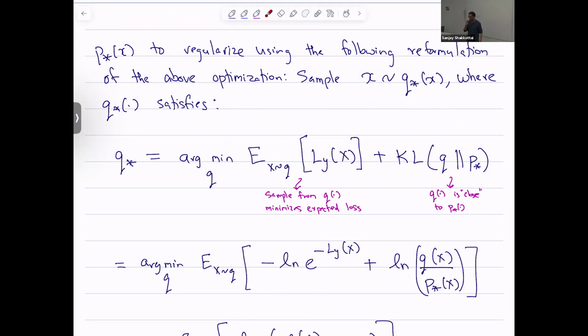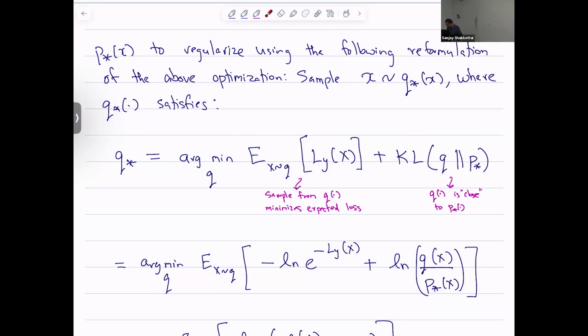Q star solves this following distribution-valued optimization problem. It says there is some ground truth distribution P star, and I want Q to be close to that. So I'm going to put a KL regularizer on that, the divergence. So this is trying to make Q close to this P star.